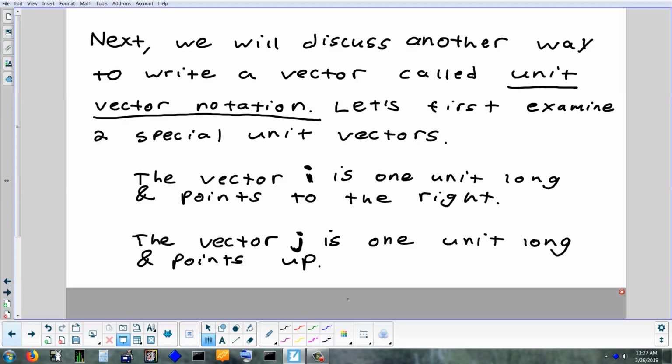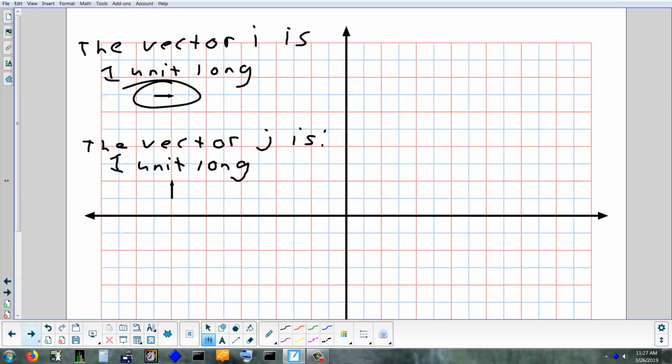Yep, make it negative j. So between positive and negative i, positive and negative j, you've got left, right, up, and down covered. You've got all the different directions you could go covered. All right. And here's the vector j. It's one unit long, and it points up.